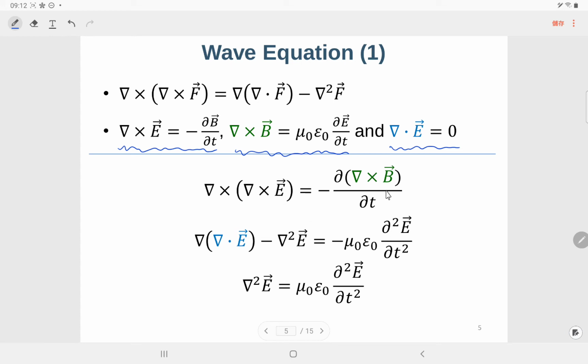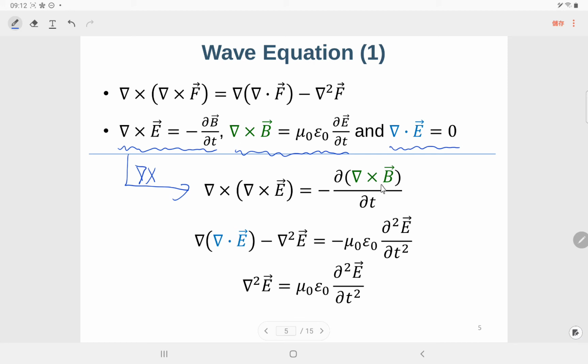And then on the right side, actually we just take the curl of this equation, take the curl on both sides. So for the left hand side we have curl of curl of E. And for the right side, the curl of minus partial B partial t.